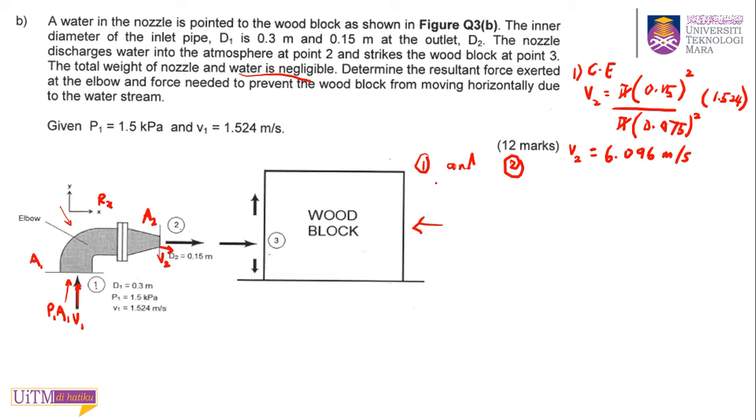Okay, so your equation to the right is positive, so summation of force in x direction equal to rho times Q times V2x minus V1x kan, and add all your force terms in x direction.